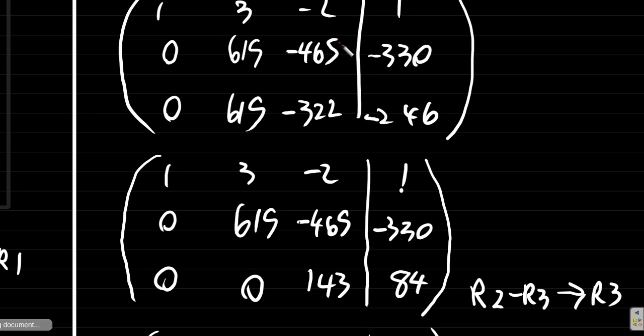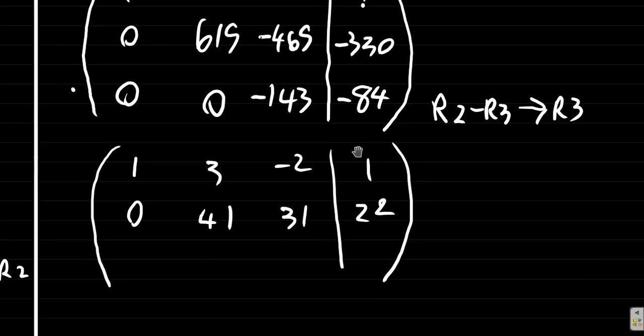Then negative 465 minus negative 322 is the same as negative 465 plus 322, giving us negative 143. This should be a negative. And then we have negative 330 minus negative 246, which is the same as negative 330 plus 246, gives us negative 84. It should be negative.